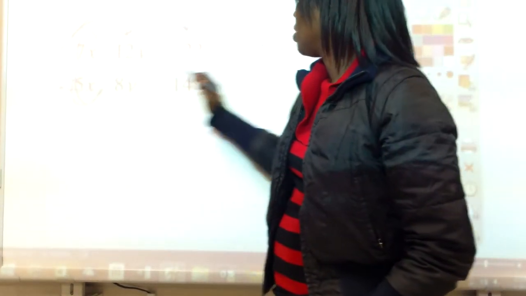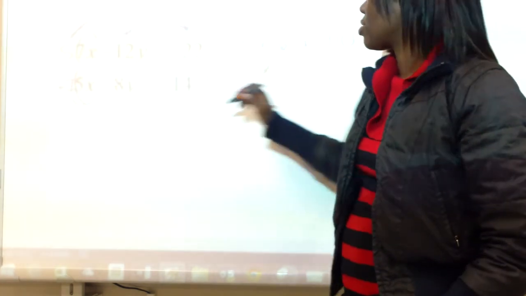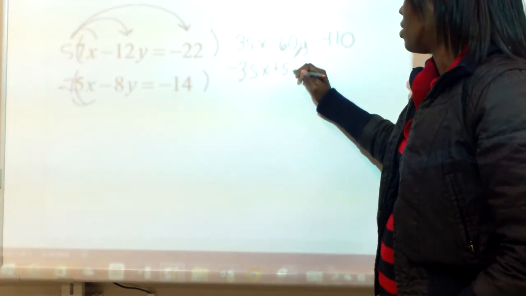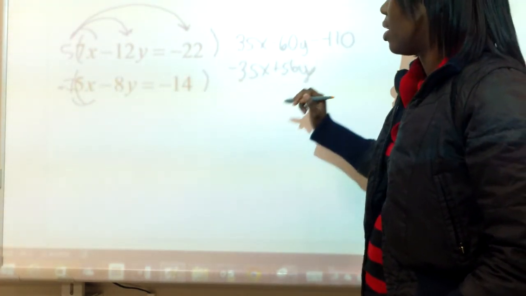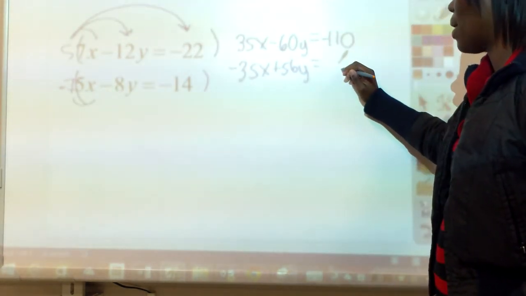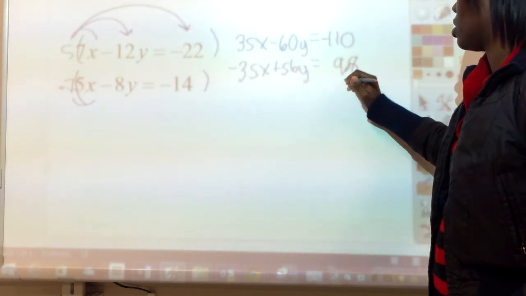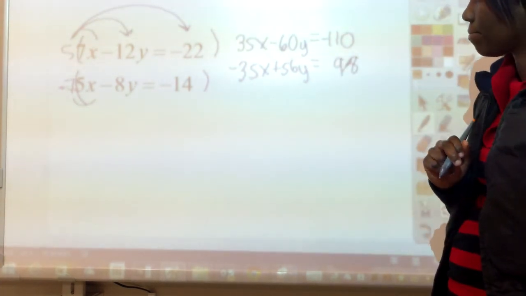Bottom, we distribute, we end up with negative 35x. Two negatives are going to give us a positive 56y. And then two negatives are going to give us a positive 98.